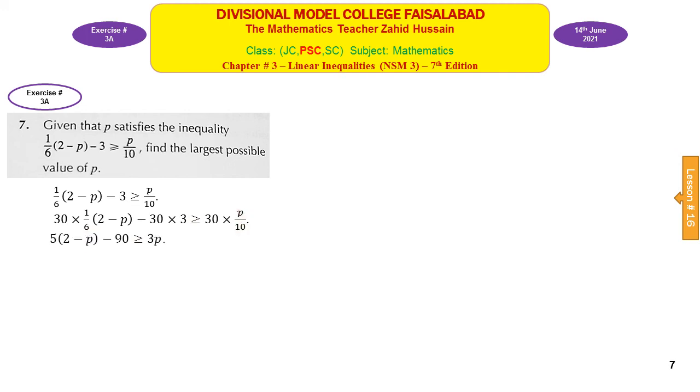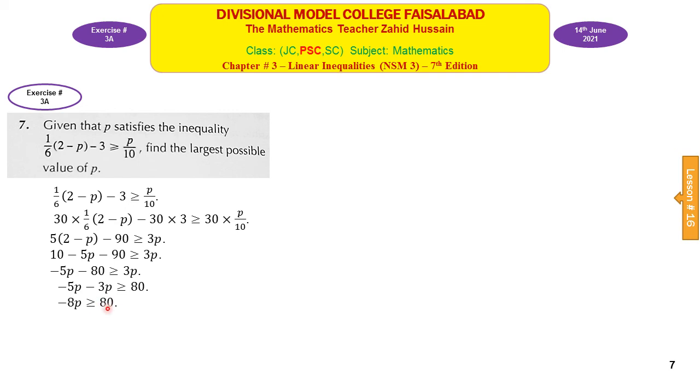Simplifying, we get 5 into (2 minus p) minus 90 greater than or equal to 3p. Remove the brackets, we get 10 minus 5p minus 90 greater than or equal to 3p. Collect like terms. Minus 5p minus 80 greater than or equal to 3p, so minus 5p minus 3p greater than or equal to 80.